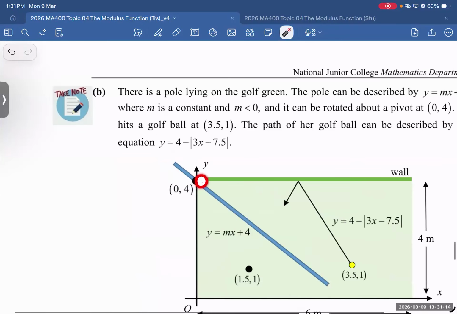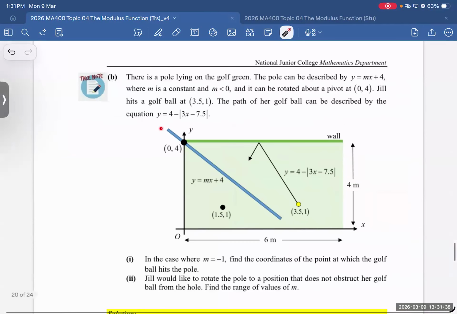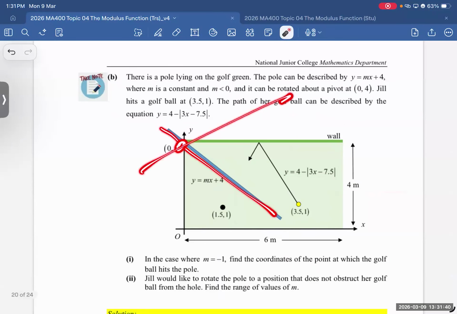It means that I'm doing this, it can be pivoted about 0, 4. There's a pivoting point here. It can move like this, from here and here.